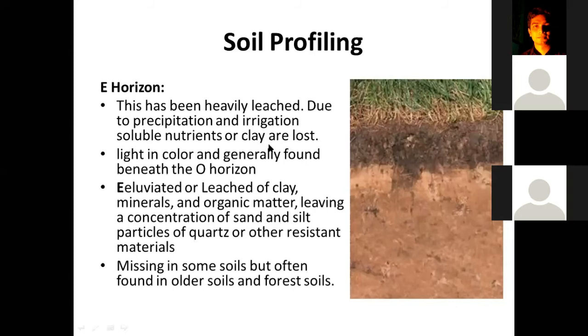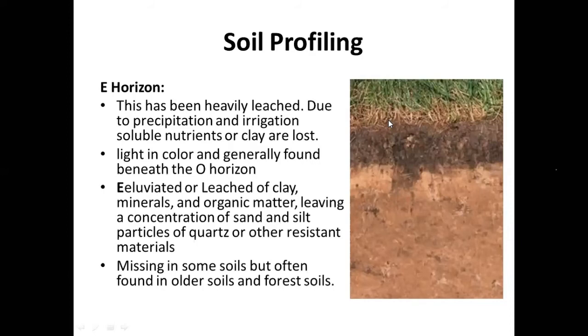So along with the water, minerals, soluble nutrients and this clay, they can travel or they can leach down. So this has been heavily leached due to precipitation and irrigation. Soluble nutrients or clay are lost from the E horizon.